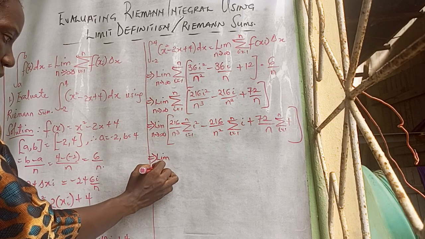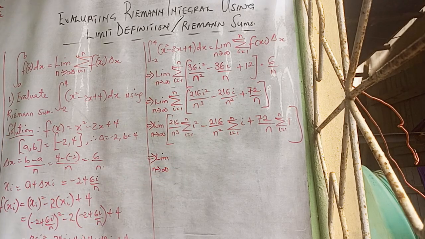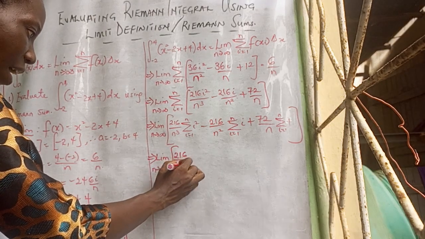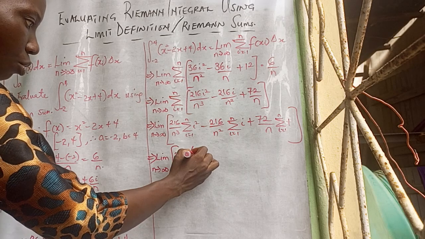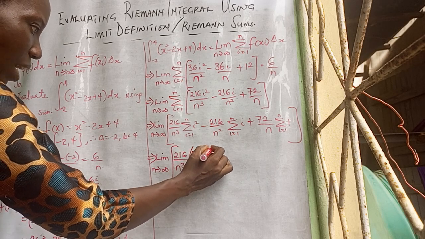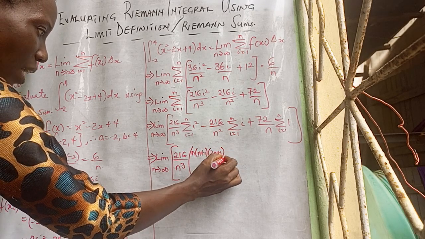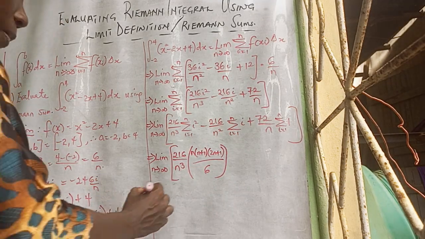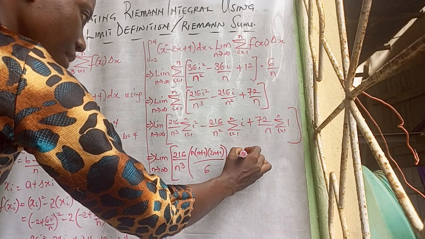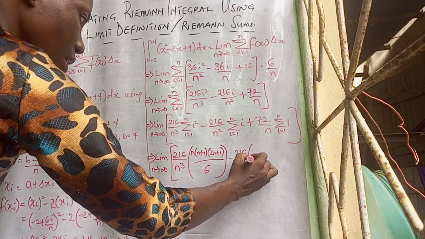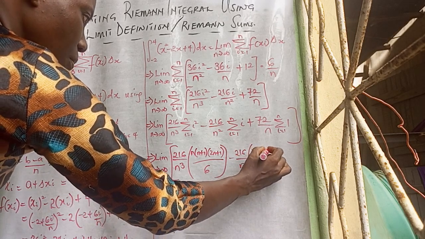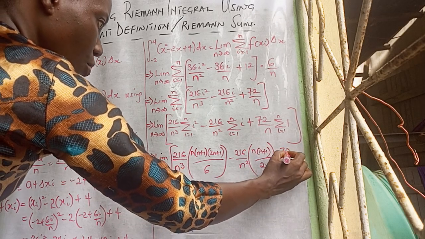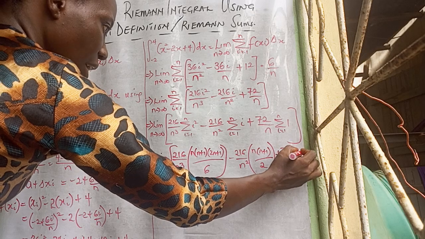We have the limit as n tends to infinity of what? 216 over n cubed into n into n plus 1 into 2n plus 1 all over 6, minus 216 over n squared into n into n plus 1 all over 2, plus 72 over n into n.